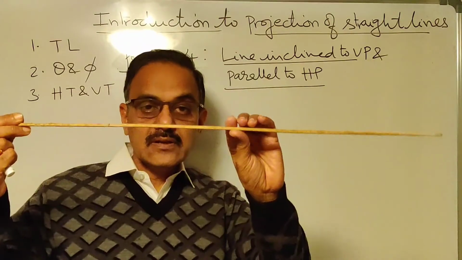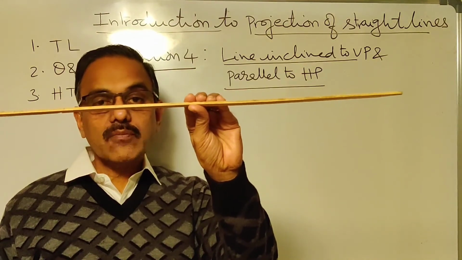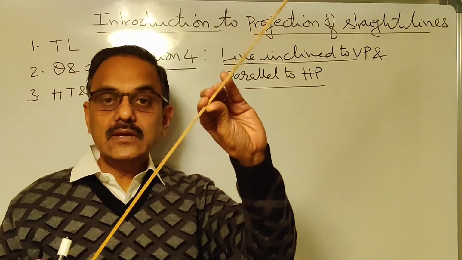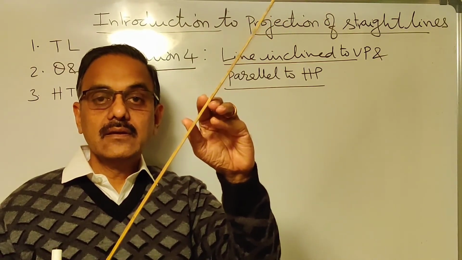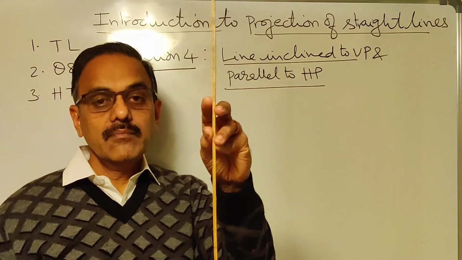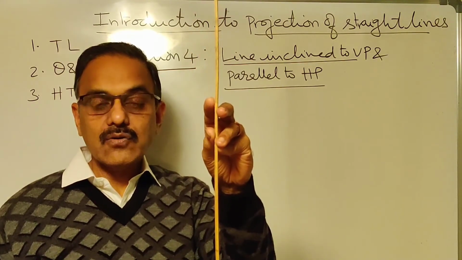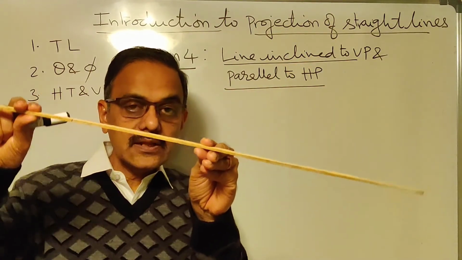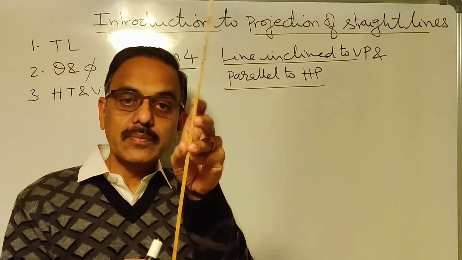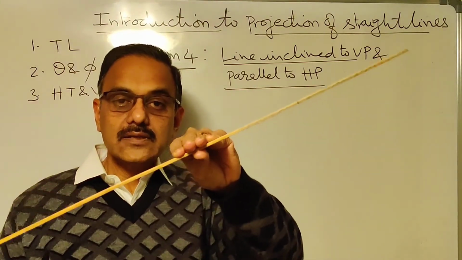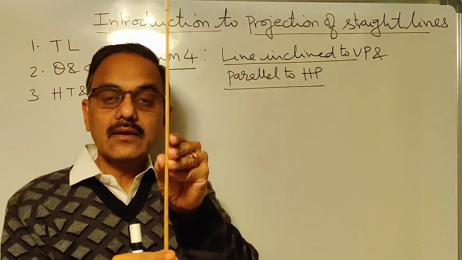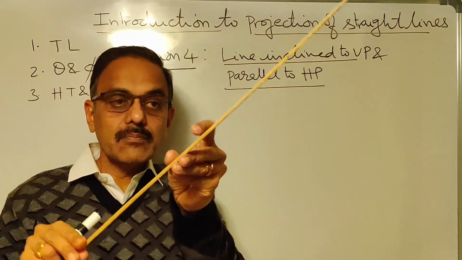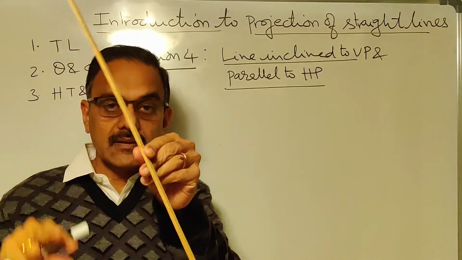This was the first position, position number 1. Then I made the line inclined to HP and kept it parallel to VP. Third position, I made it perpendicular to HP and it is parallel to VP. So if you closely watch this, I am rotating this line in a plane parallel to VP. This rotation is happening in a plane parallel to VP.